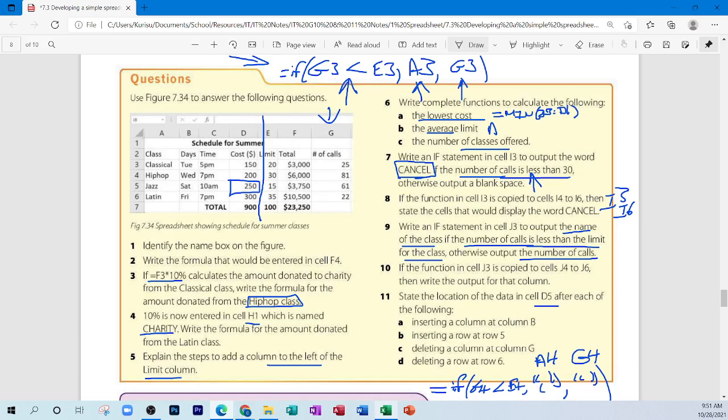Any of the questions that were confusing you, or was it clarified while I was explaining it earlier? Alright, so let's see. What do we have here?